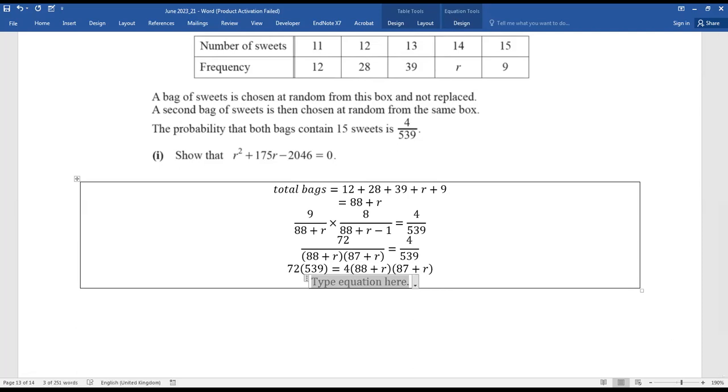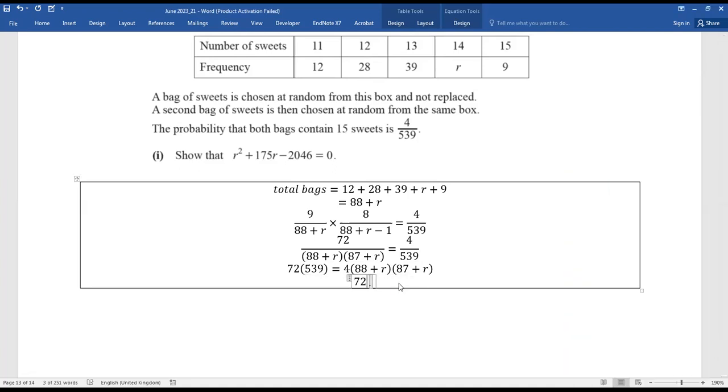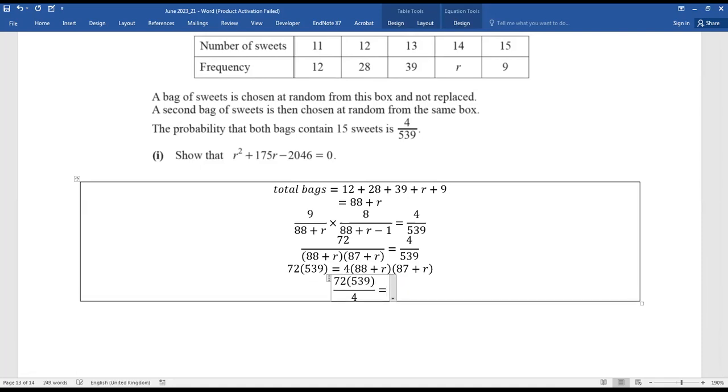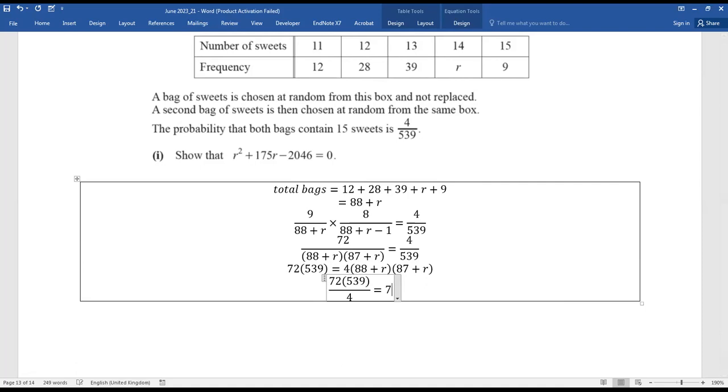You expand it, you'll get, I'll just divide by 4, then 72 into 539 upon 4, and this will give me 88 times 87, 7656 plus 87R plus 88R plus R squared.